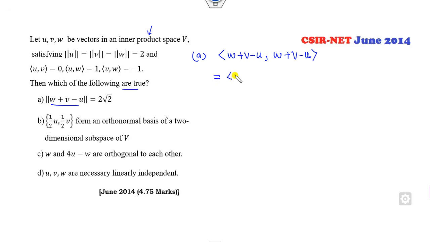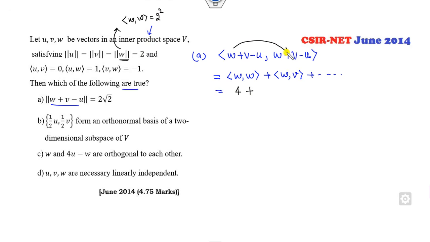It will be w comma w plus w comma v plus and so on. Now I can directly substitute the value. What is w comma w? W comma w is 2 square. So this number is 4.